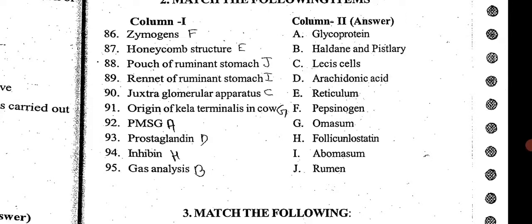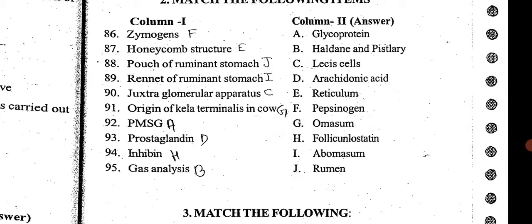Rennet of ruminant stomach is secreted from abomasum. Abomasum is the true stomach, and it secretes rennet, and rumen is the pouch of ruminant stomach. Honeycomb-like structure is reticulum.